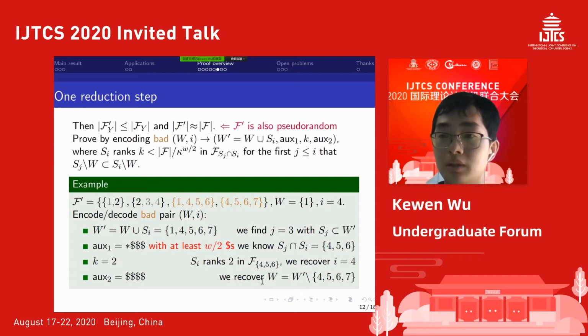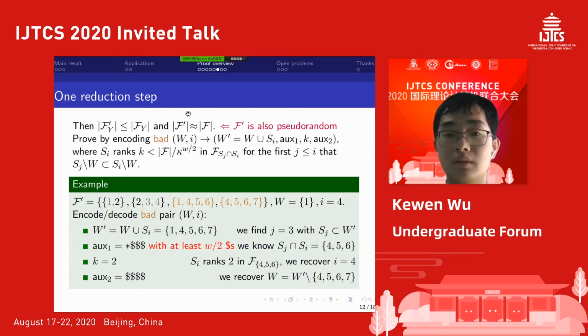Indeed, the decoder will recover W by removing the dollar part. That is, W equals W prime minus 4, 5, 6, 7. So in the end, we recover from this 4-tuple the original bad pair, W and i.